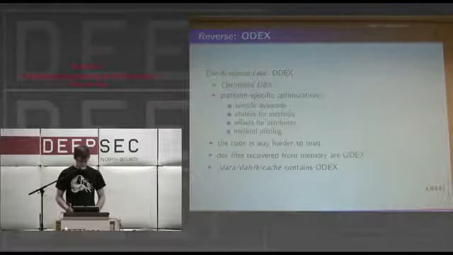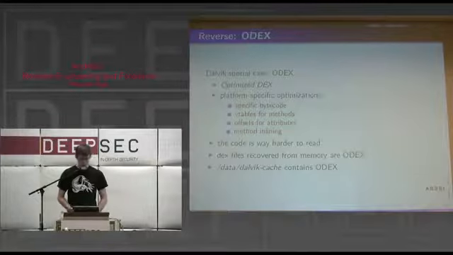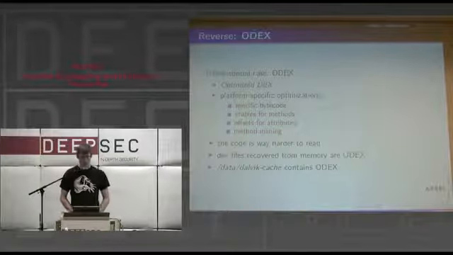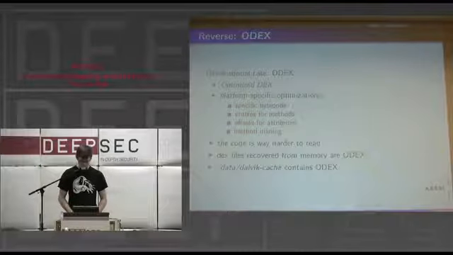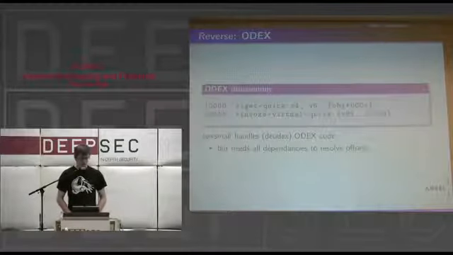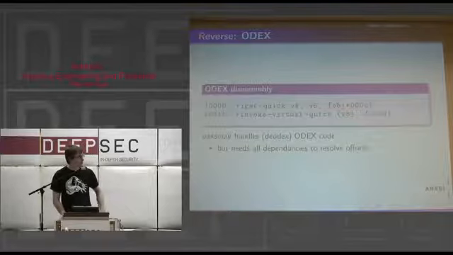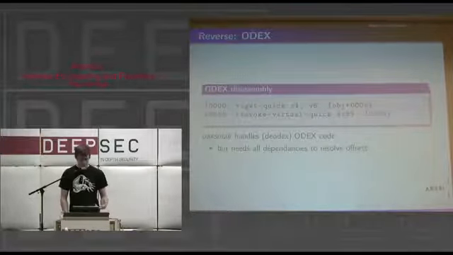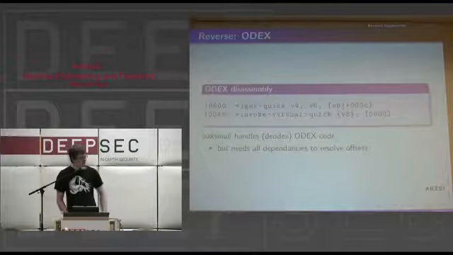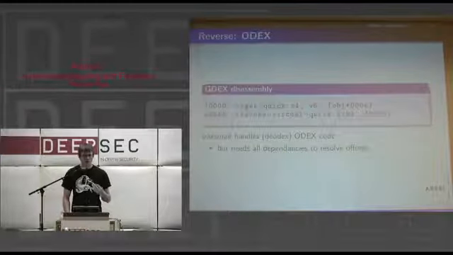But if you try to recover DEX files from memory directly, or if you find some traces in Dalvik cache of an application that is not here anymore, you will have to reverse it. And as you can see, this small example shows that attribute access is just the object plus C, so you completely lose the attribute name.